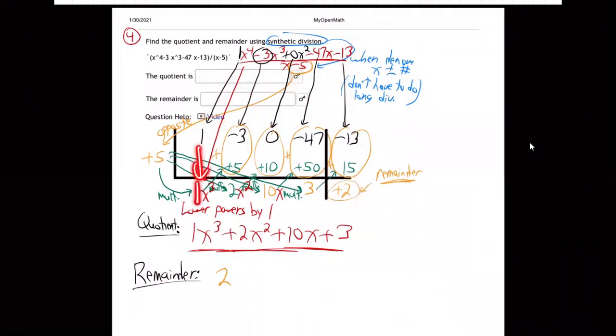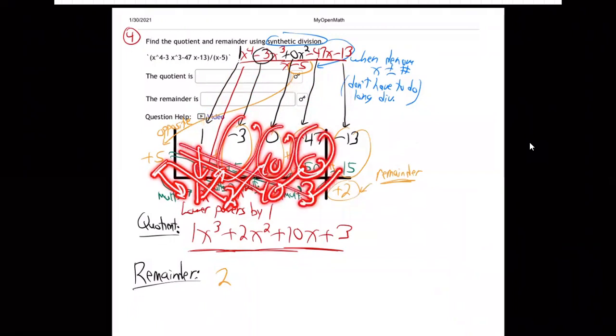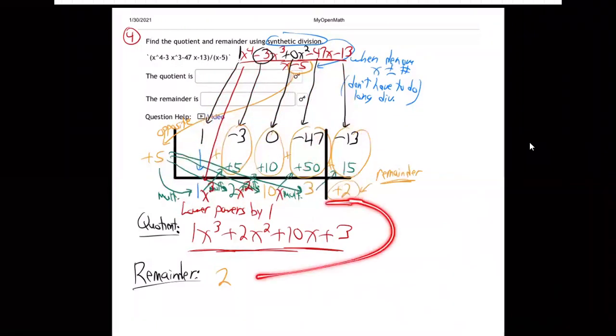Write down the coefficients. Bring down the first one. The number out here multiplies that, and you write it right there. Then you add them up. Get a 2. Multiply. Write it right there. 10. Add them up. Multiply. Put it right there. 50. Add them up. 3. Multiply. Write it right there. 15. Add them up. 2. So there we go. That 2 is the remainder.